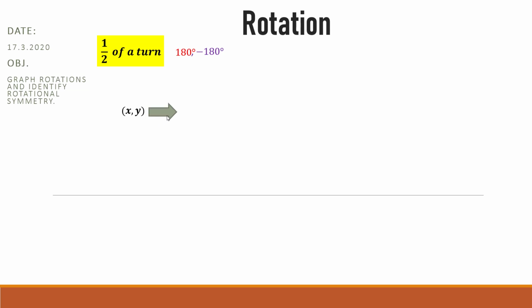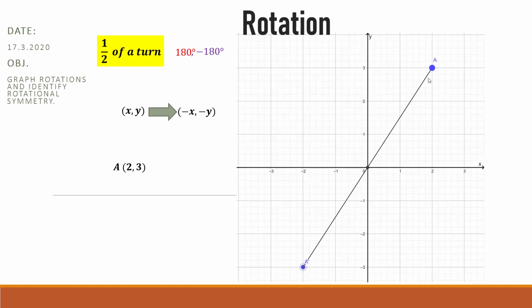So it should be negative X and negative Y. For example, if we have A, 2 and 3, with rotation in the positive direction 180 degrees, or in the negative direction negative 180, the image A prime is negative 2 and negative 3, just the opposite of the two signs of the coordinates.